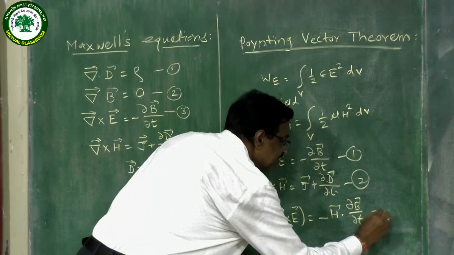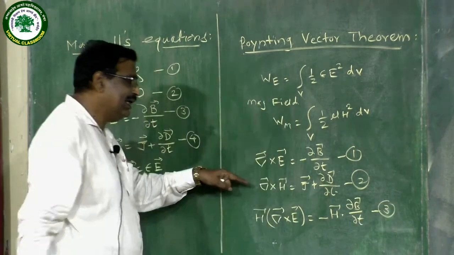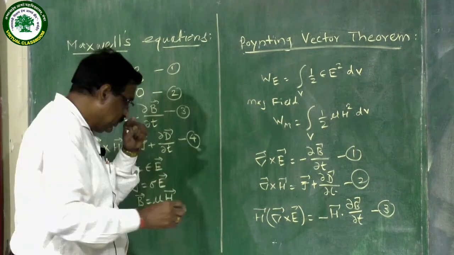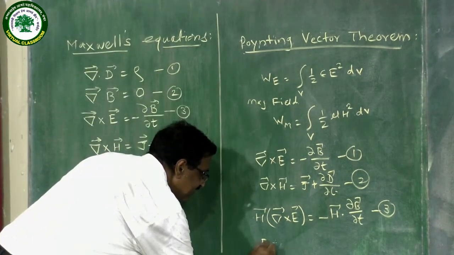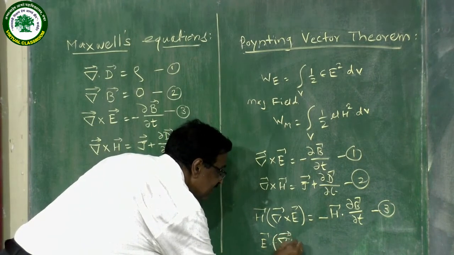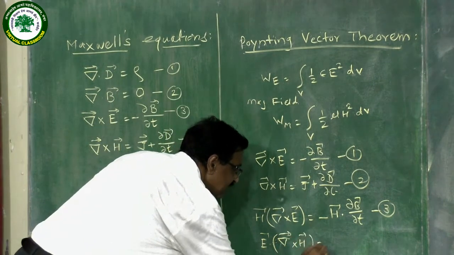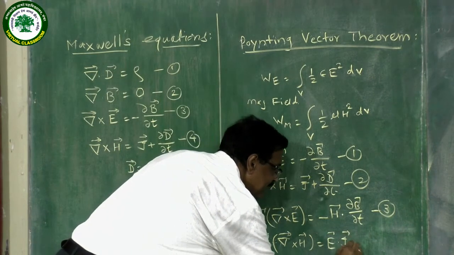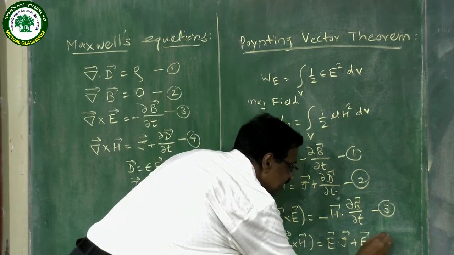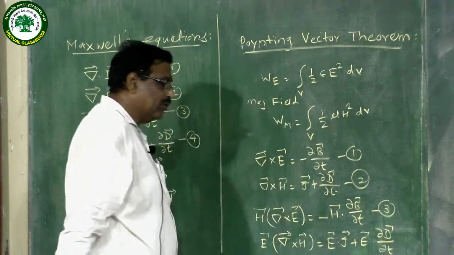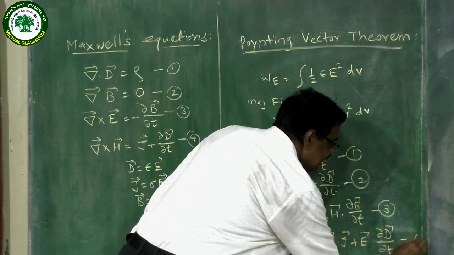This is equation number 3. Similarly, equation 2 with the dot product of vector E gives E dot curl of vector H equal to E dot J plus E dot delta D upon delta t. This is equation number 4.